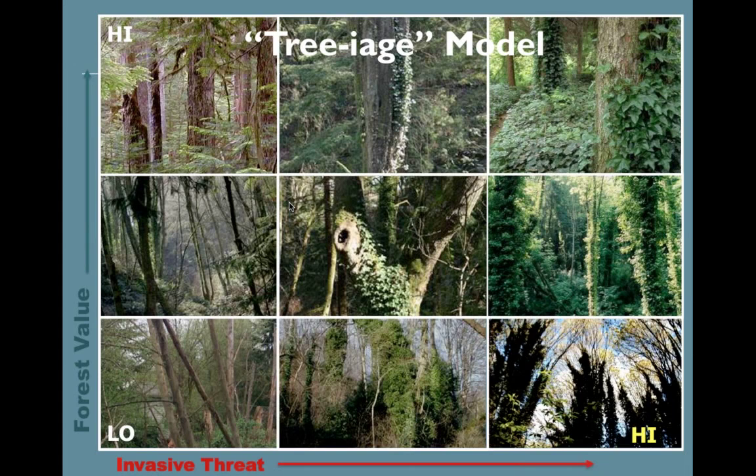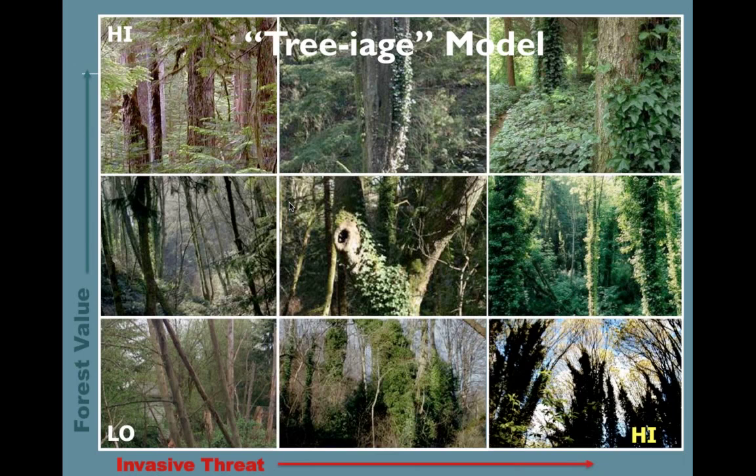But here around Seattle, the very high level, high value forest is an evergreen conifer forest. But that again might differ depending on where you are. Our low value forest is an old, dying canopy and invasive trees such as holly or laurel that are rampant within our forest.